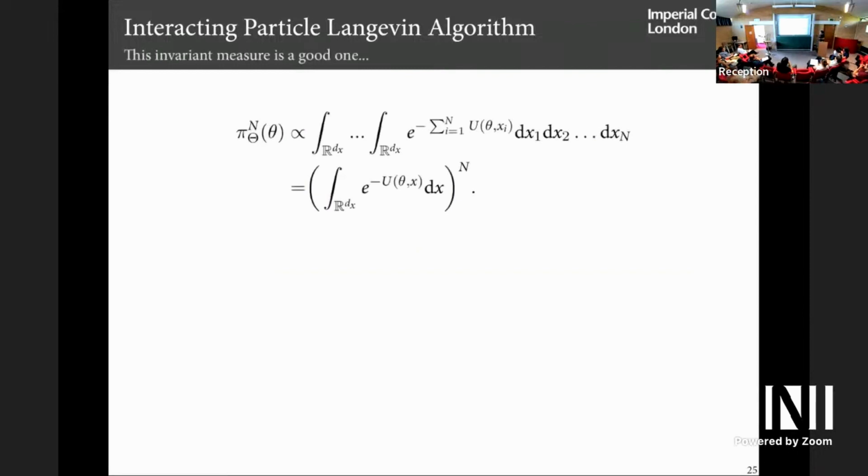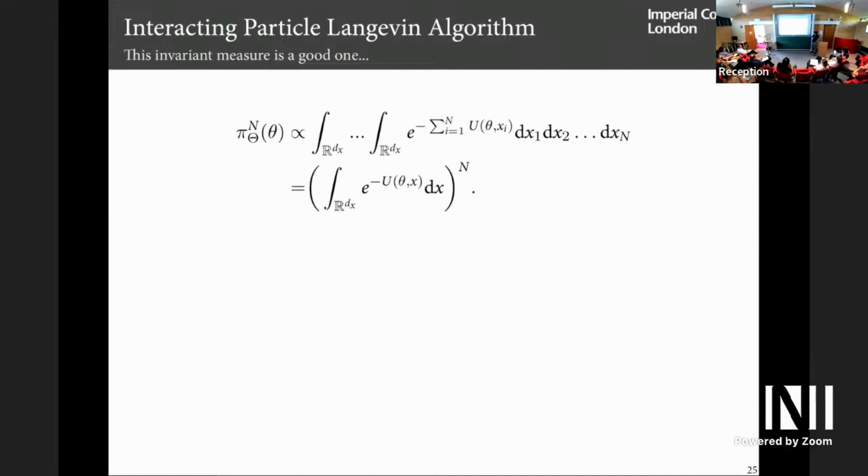What is nice about the stationary measure is that it is an invariant measure, and it's a good one. If you look at the theta marginal, you integrate out all the x's, and you get a representation where it becomes a power to the n.